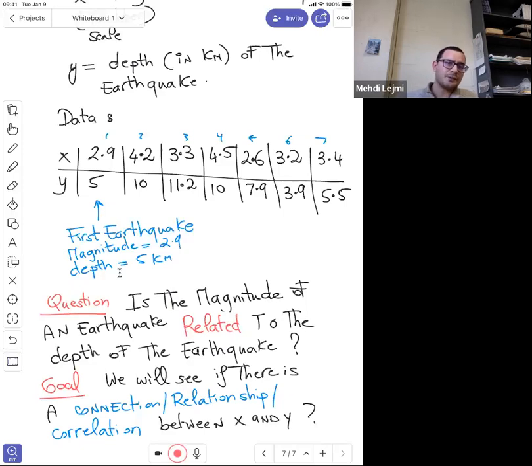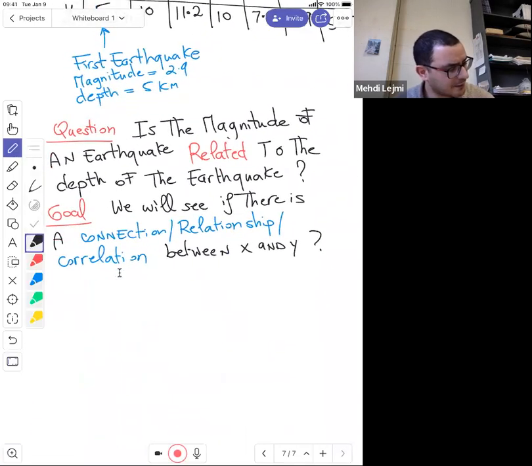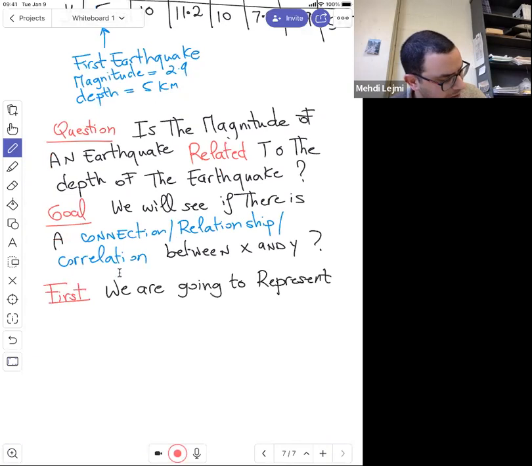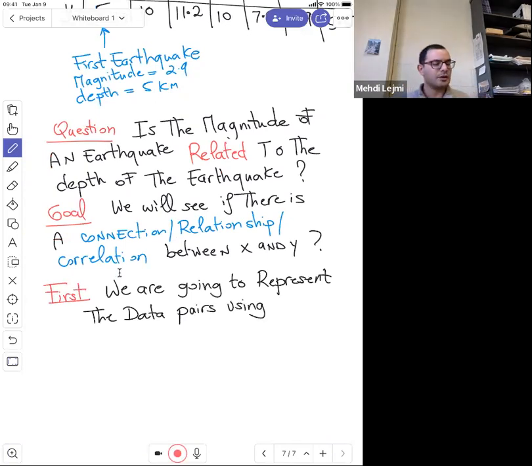Whenever we have data pairs, we have two variables, not just one. So first, we're going to represent the data pairs using what we call the scatter diagram.